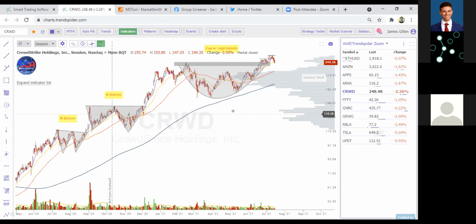But 90% of my trades, I'm looking to go long, and that's just what works for me. That's where I feel comfortable. I know a lot of people like to trade short and trade long. I'm just a swing trader, position trader, and I like to get into a trend and ride it out as long as possible, and that's what works for me at the end of the day.